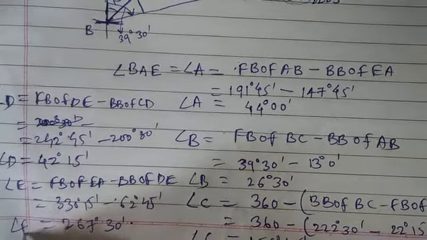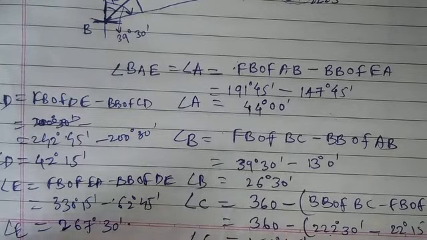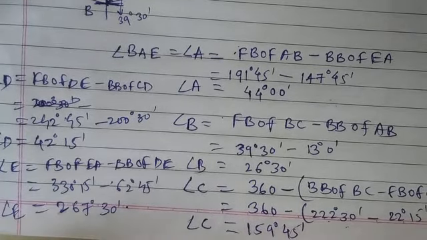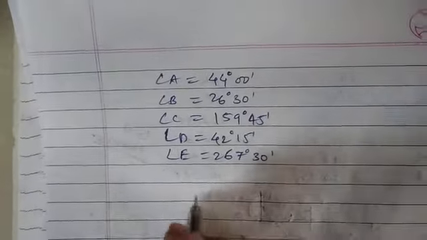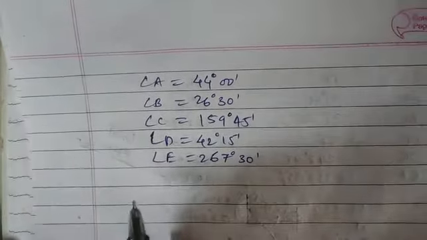Now let's check whether these angles have a summation as per the rules of a closed traverse. So let's see how to check that. Here I have written all the angles which we have calculated.